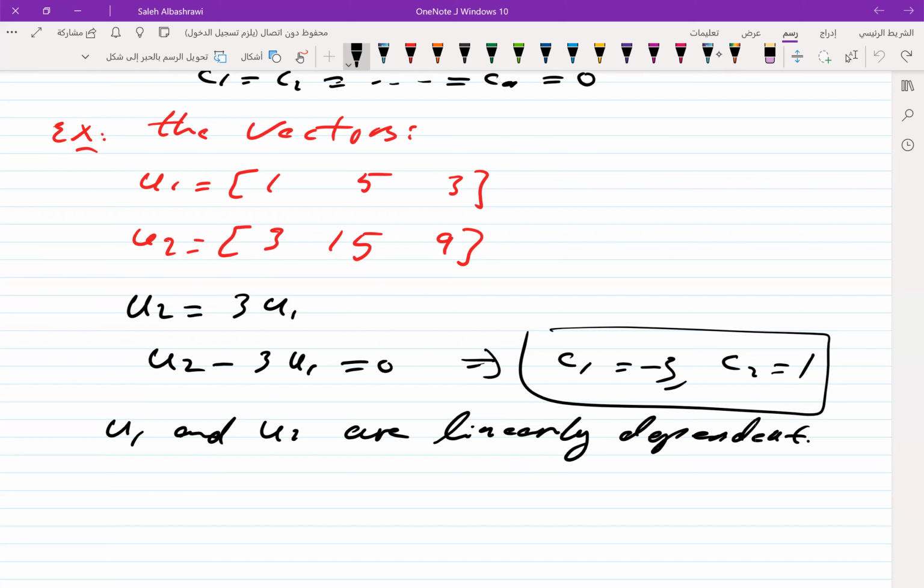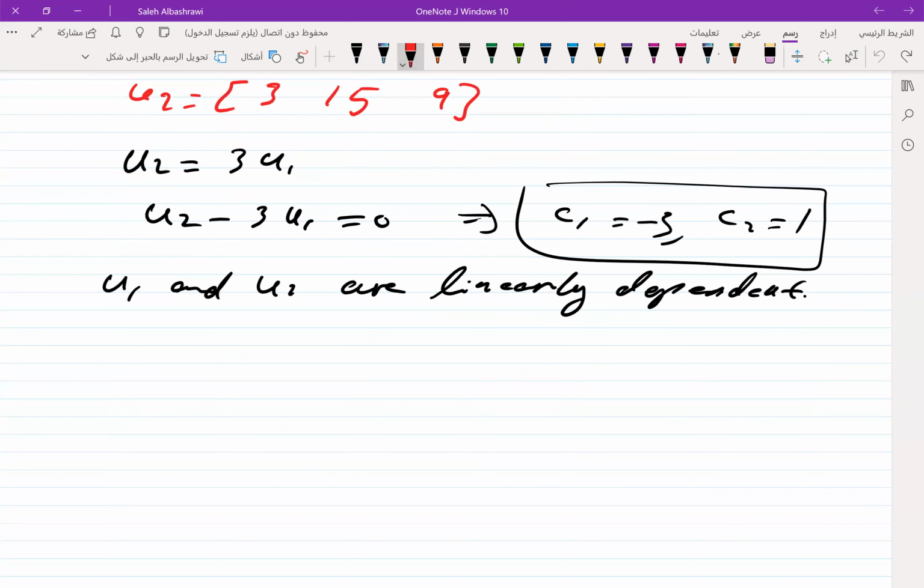Now the linear dependence and linear independence of vectors can determine the rank of some given matrix, and we can define the rank of a matrix.